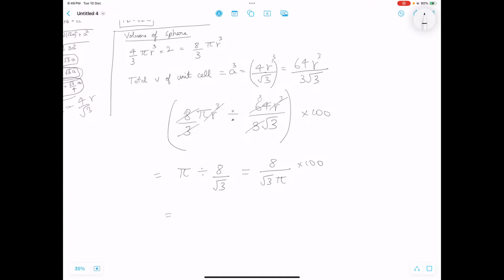We need to remember mathematics, always it becomes pi into root 3 by 8, not the other way around. So this is not valid, into 100. So this will be around 68%.